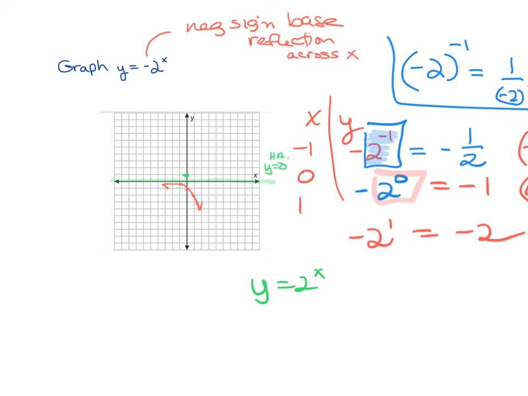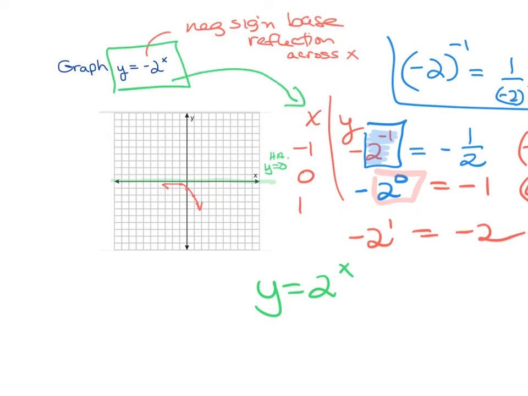Plug in 1 and 2, and then you could have reflected this. If you would have just graphed this function, you could have gotten the 3 ordered pairs and then reflected it. But whenever it's just something simple like this, you're a lot better off just making a table for that and then doing the shifts from there.